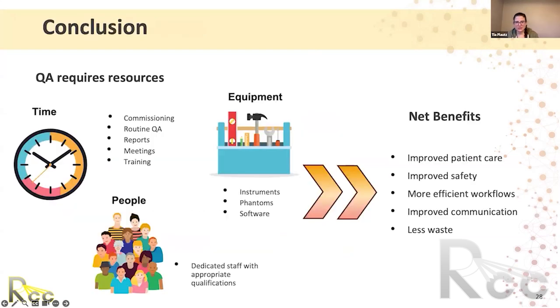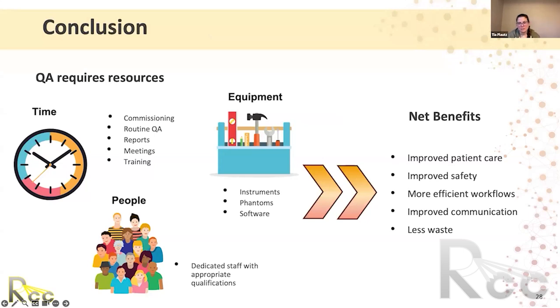It is important to recognize that QA does require resources, and these resources are limited in many of our clinics. And so sometimes we have to make arguments for why we need certain things. So QA requires time. It requires commissioning QA, writing reports, having meetings, training staff.